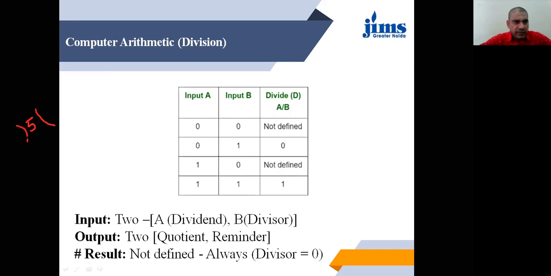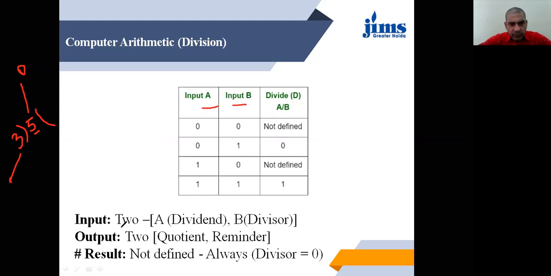Then in that case, this 5 is called dividend, this 3 is called divisor, and these two are inputs.